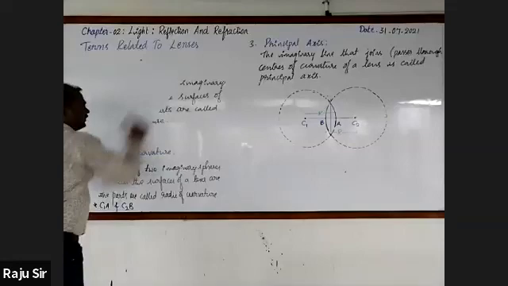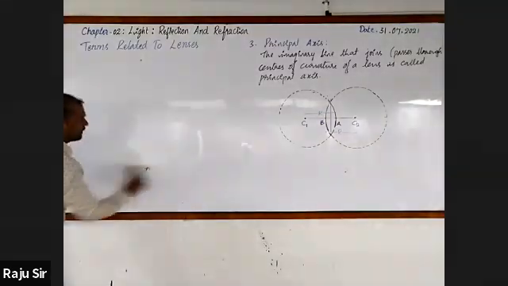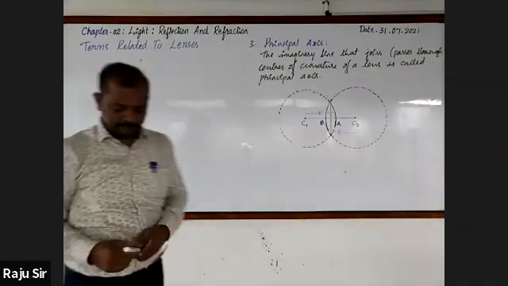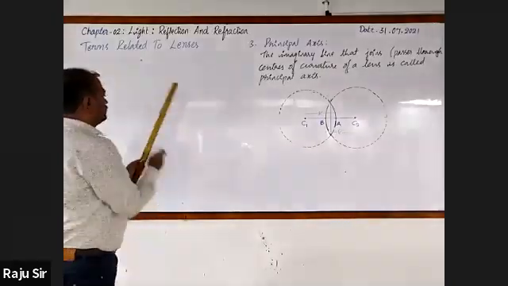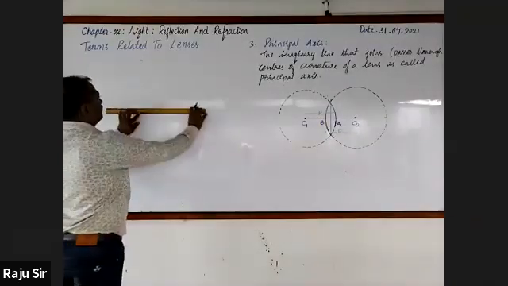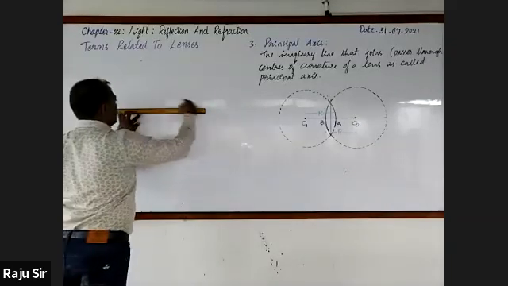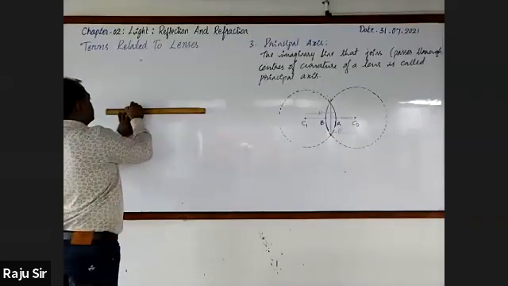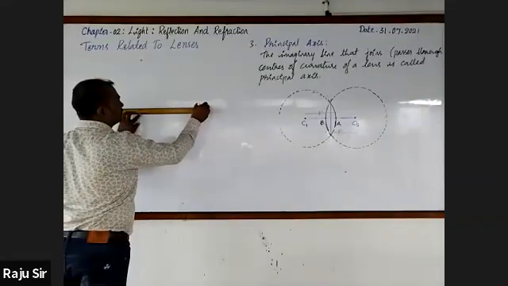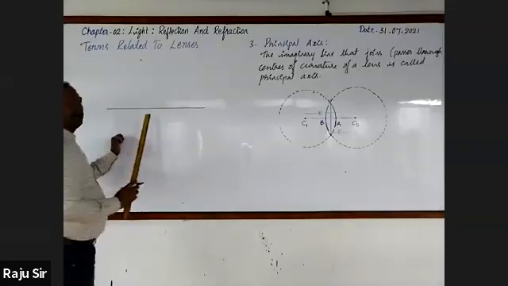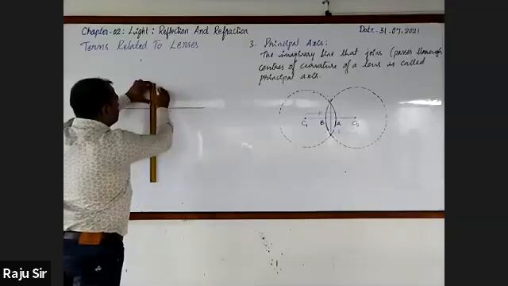Similarly, draw with respect to concave lens. Draw a straight line, and go on marking for every 2 centimeters. 4 centimeters. Draw a perpendicular line.